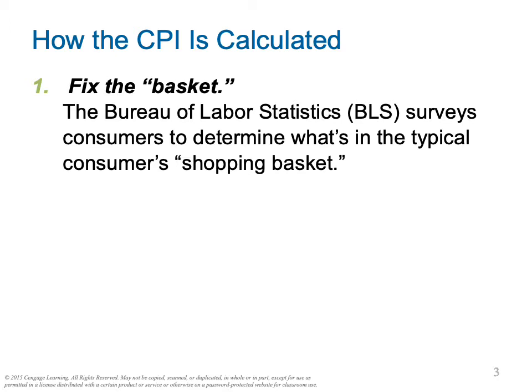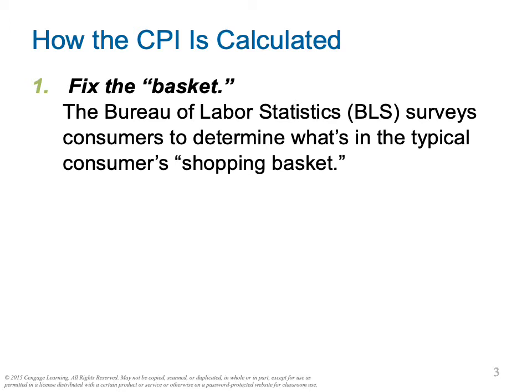Now, hopefully the connection between this basket and a grocery basket makes sense, but it's basically what the Bureau of Labor Statistics, or the BLS, uses to determine CPI, and they do this by basically surveying consumers to figure out what the average or typical consumer's shopping basket consists of.